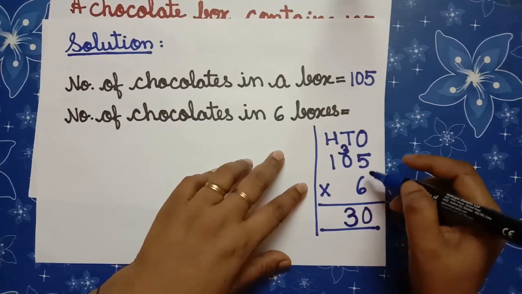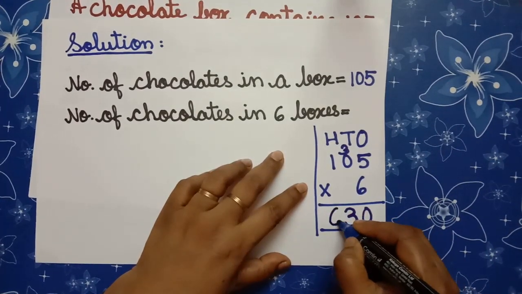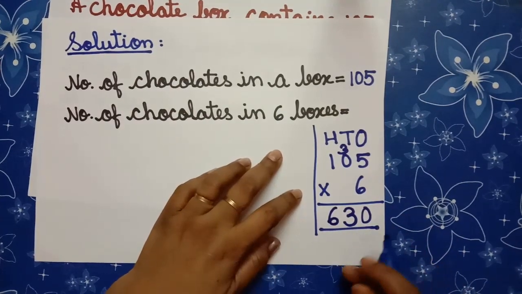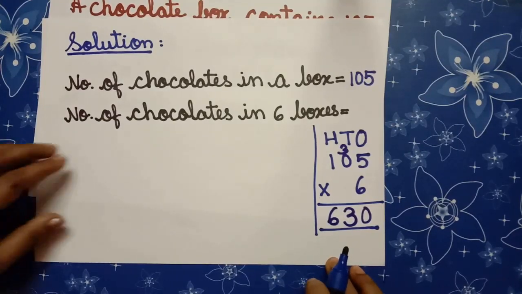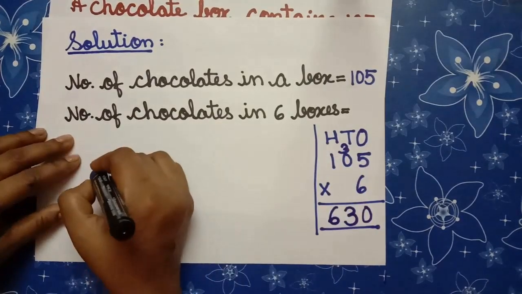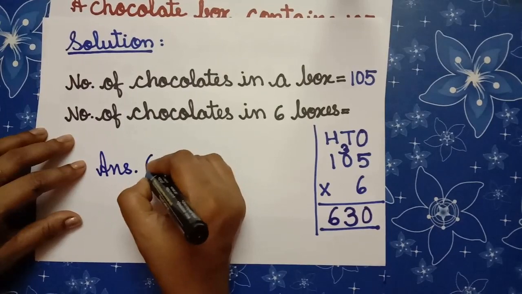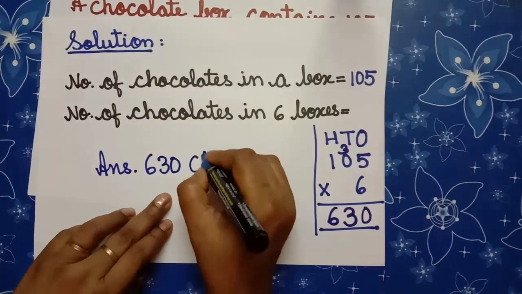Write 6 in the hundreds place. So what product are you getting? 630. So the answer is, in 6 boxes there are 630 chocolates.